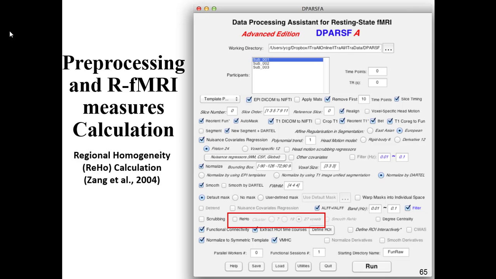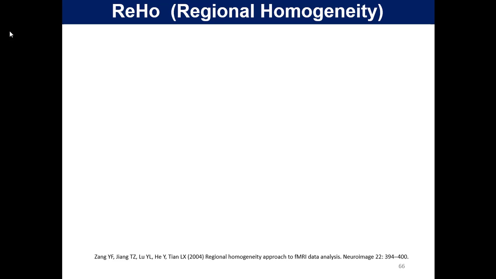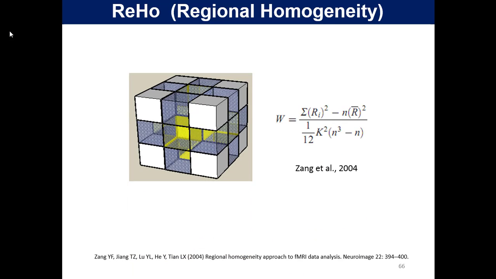And this is regional homogeneity. In the pre-courses, we have introduced the concept of regional homogeneity. It calculates the Kendall's coefficient of concordance of a voxel with its neighbors. So that can indicate the activity strength of a voxel.